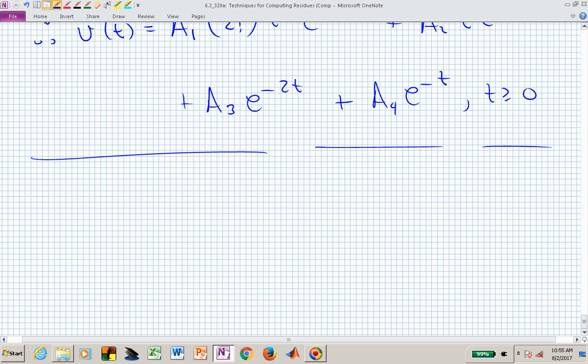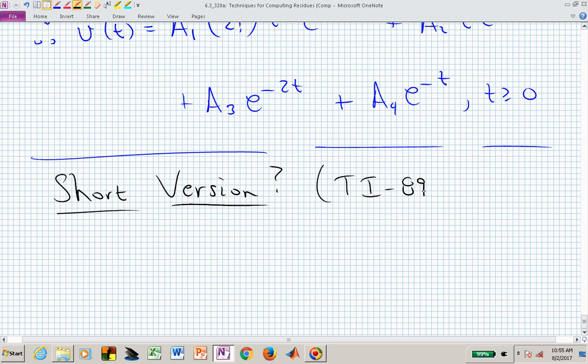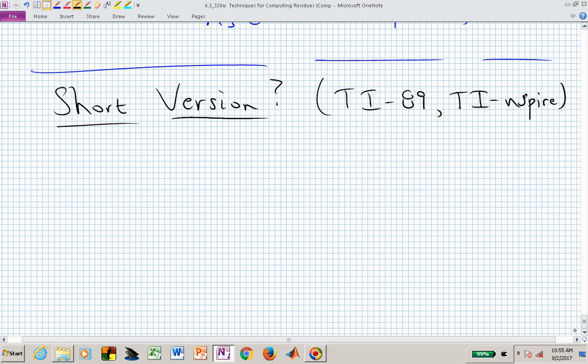Now that we've shown all of these 4 different strategies, if you're fortunate enough to have a TI calculator that actually does symbolic manipulation, you can perform a short version. So if you now have the 89 or the 89 titanium or the TI Inspire, those will now allow you to actually just invoke the expand function.